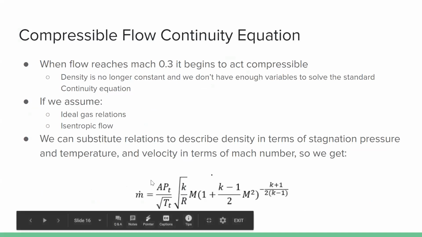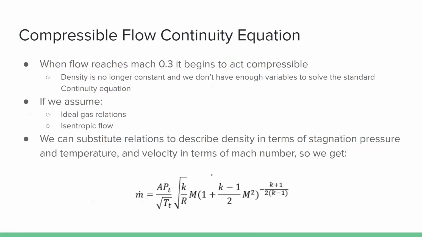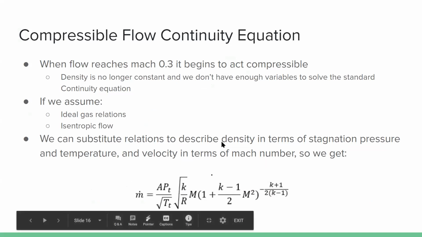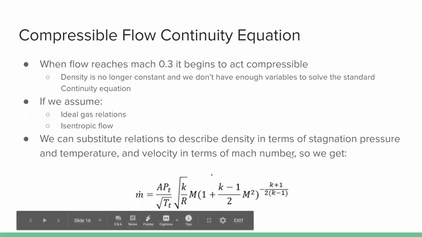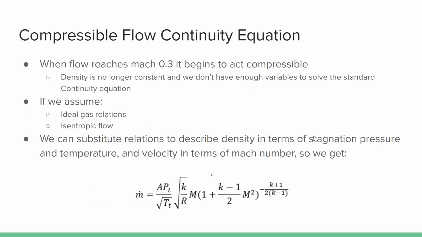Basically, you take the original equation and substitute, instead of just having a term for density, you sub in density in terms of the stagnation pressure and stagnation temperature, and then use the velocity term as Mach number.